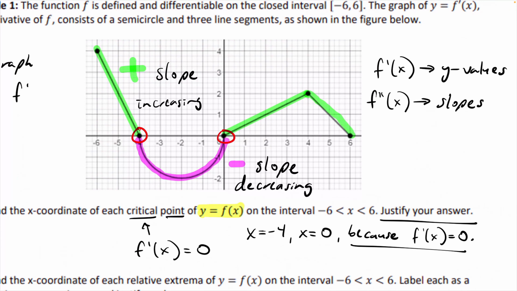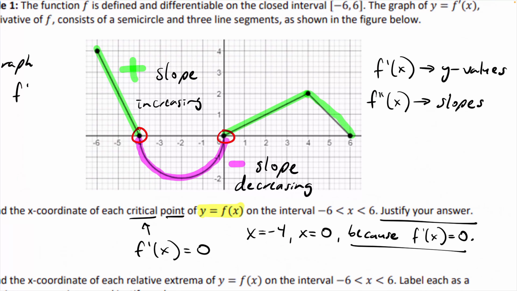When is the slope of the tangent line going to be 0?